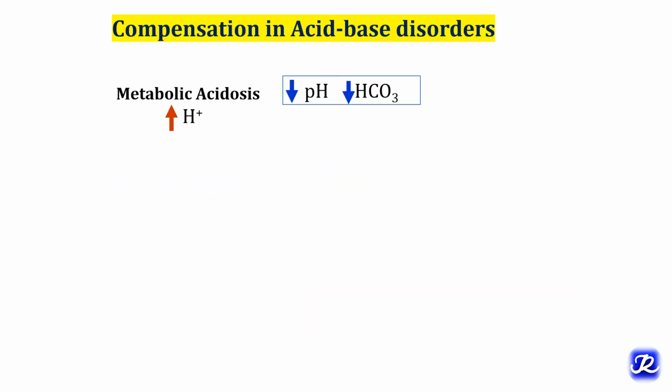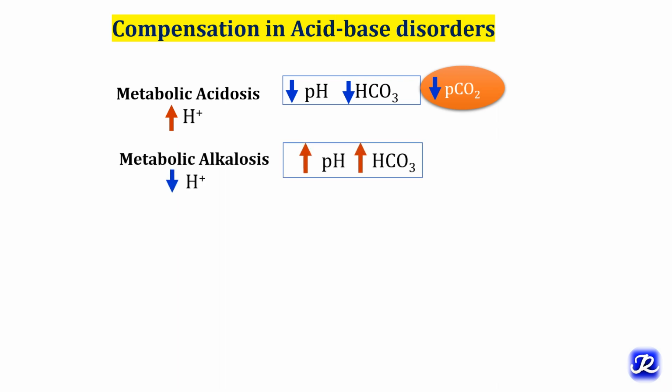The third step in ABG interpretation is to identify the compensation in acid-base disorders. We know that in metabolic acidosis there is primary bicarbonate deficit, and this is compensated by the respiratory mechanism by decreasing partial pressure of carbon dioxide. In metabolic alkalosis, there is primary bicarbonate excess, and as a compensation, there is an increase in partial pressure of carbon dioxide.